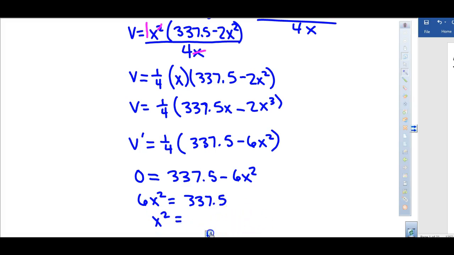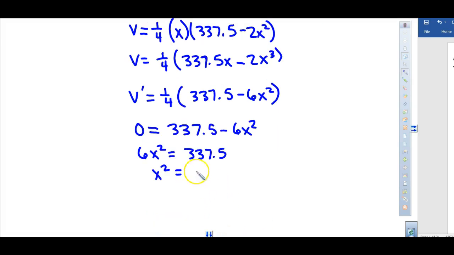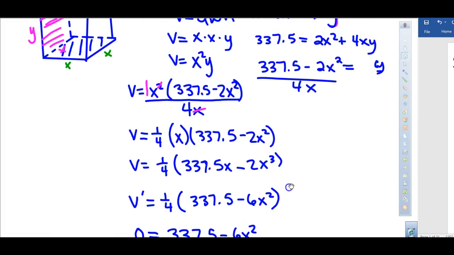And you divide both sides by 6, 56.25, and you get that. When you take the square root, you get the x is plus or minus 7.5. Okay, now your domain for this problem, because it's volume is not going to be negative.